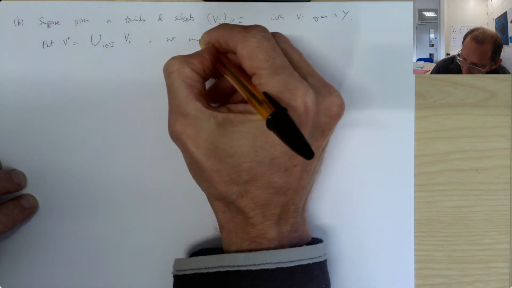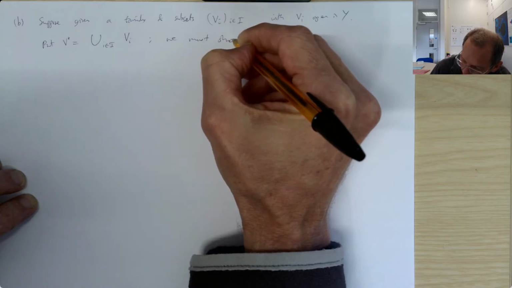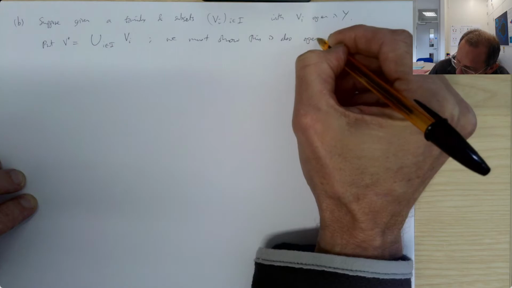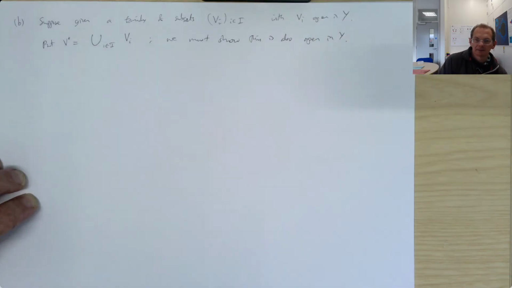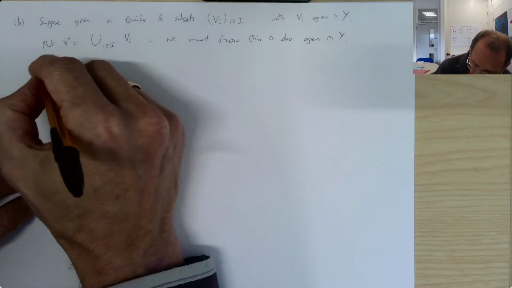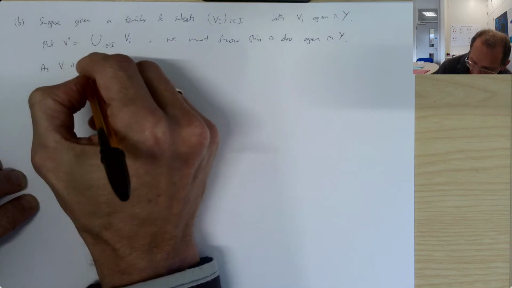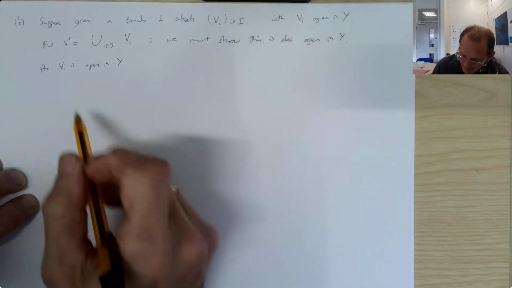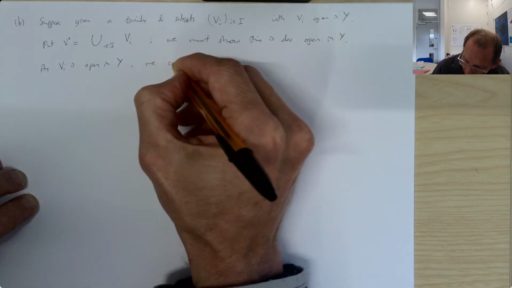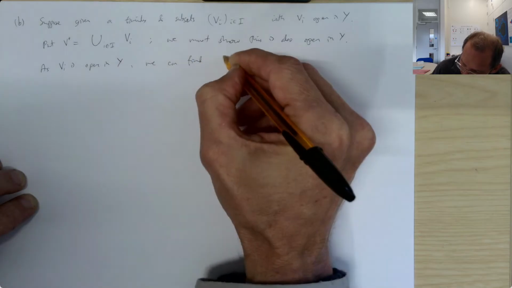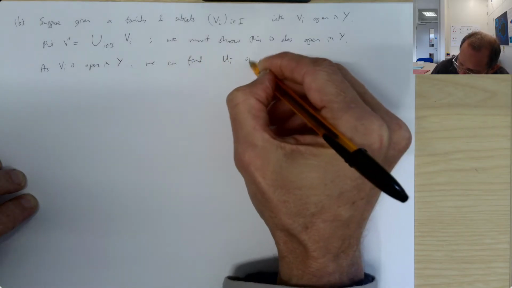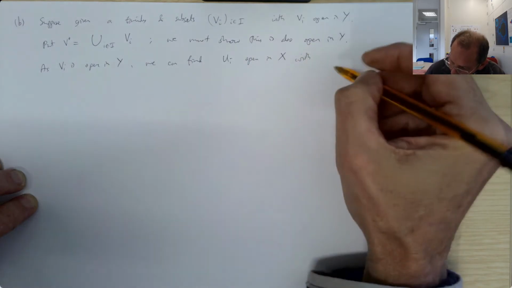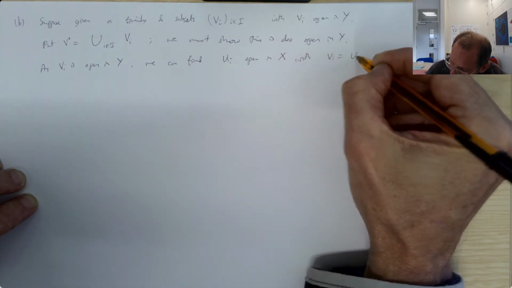So we must show this is also open in Y. Now, as Vi is open in Y, that's our assumption here. Remember, that means we could find some Ui open in X with Vi being Ui intersect Y.